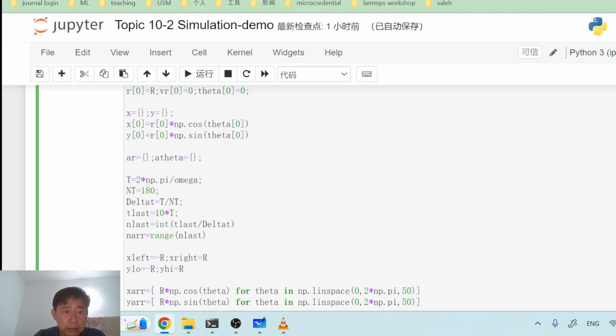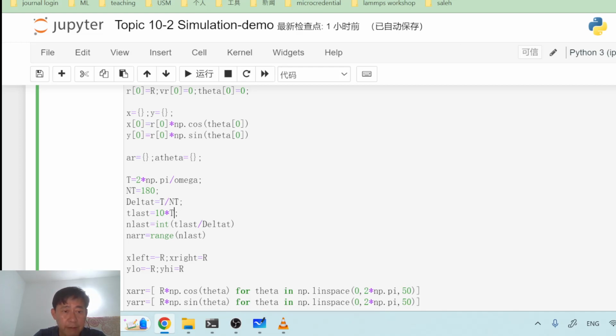Okay, so t last is equal to 10T, but my delta t is not defined based on t last, but based on the period T, which is equally possible. So what I'm trying to say here is that you can define your delta t based on t last, or simply as capital T divided by the number of grid points.